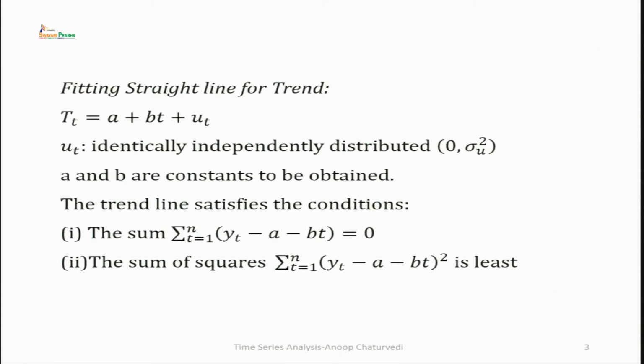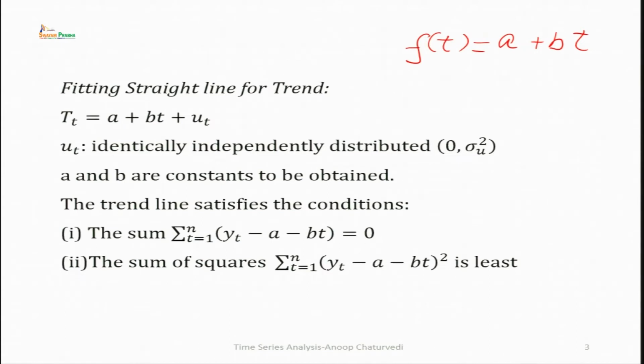Now, first we consider the simple function, say a straight line. So, this f t is equal to a plus b t. Of course, another term u t is also there. So, we write y t equal to a plus b t plus u t.